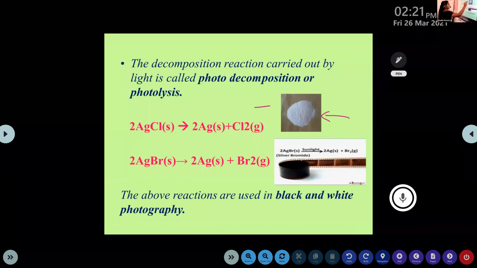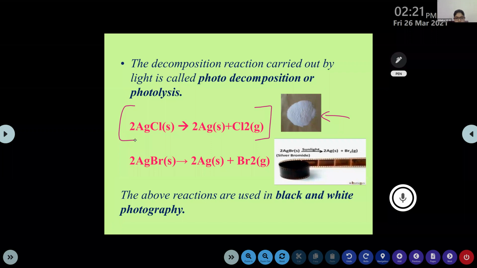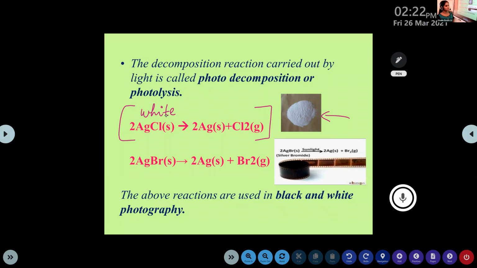Yes, this is silver chloride. Just wait. This one is silver chloride. It's pure white in color. Then you can look at this reaction and tell me what color will form. This one is white in color. And after this reaction, which color will form? What is Ag?